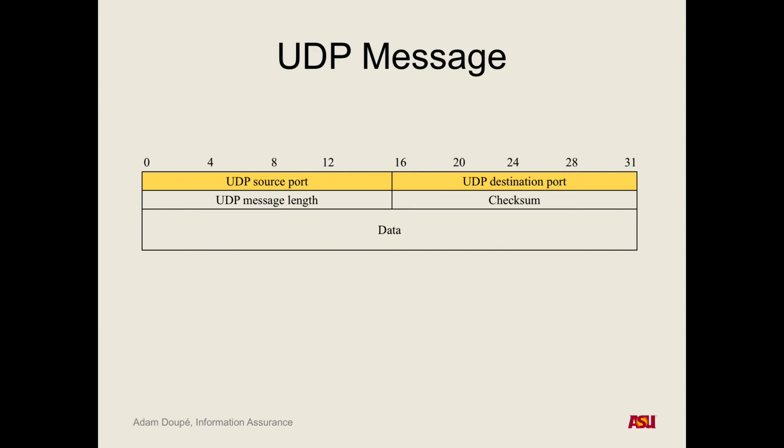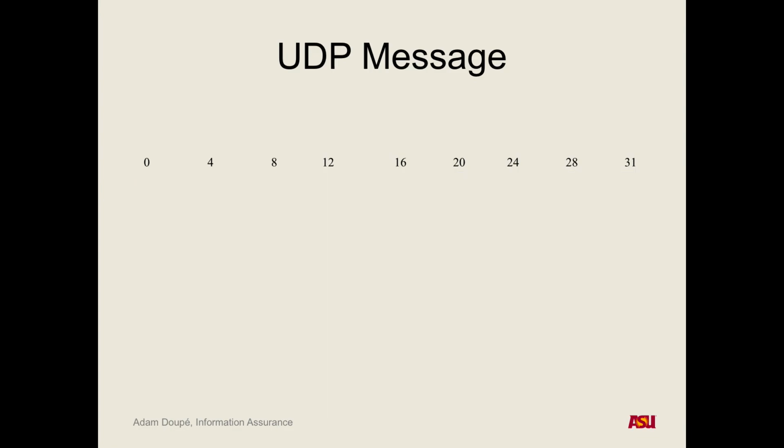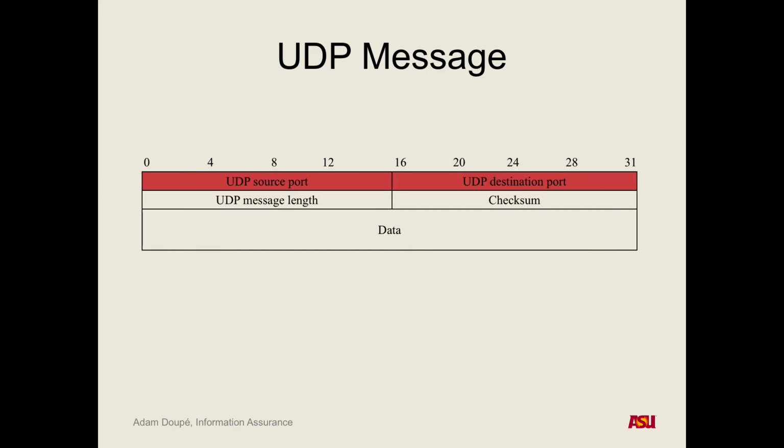So how many ports can we have here? 65,500. Yeah, which is 2 to the 16, so 65,535. And when we look at this adversarially, the source port and the destination port can all be spoofed and controlled by the attacker.